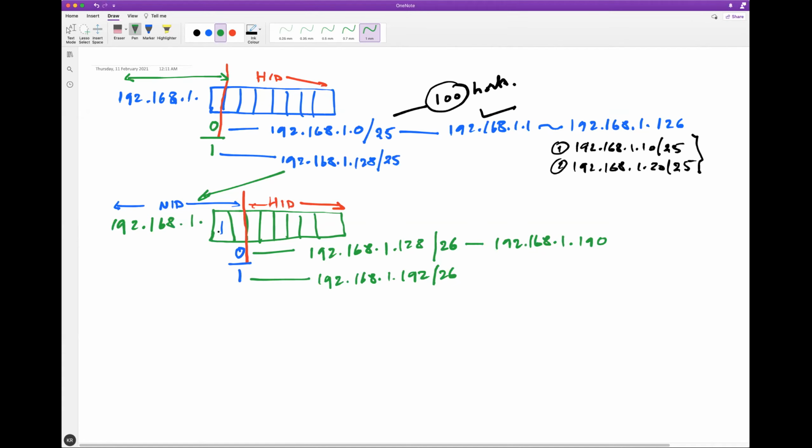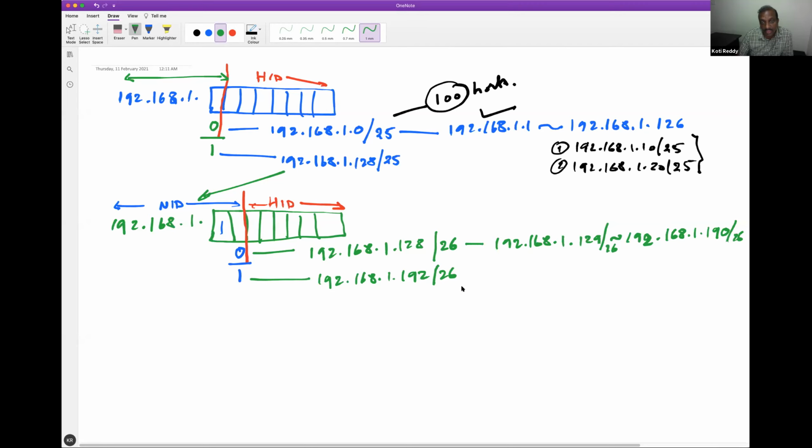The first one is 128 already there. All zeros and 1, I get 129, so 129 will be the first IP address, 128 plus 1. The last IP address would be 192.168.1.190, slash 26. This will be the range of addresses in this network.